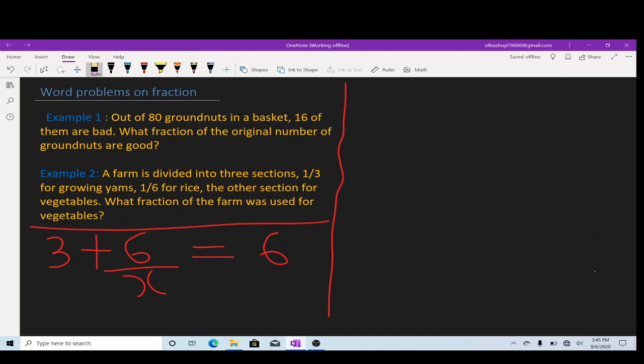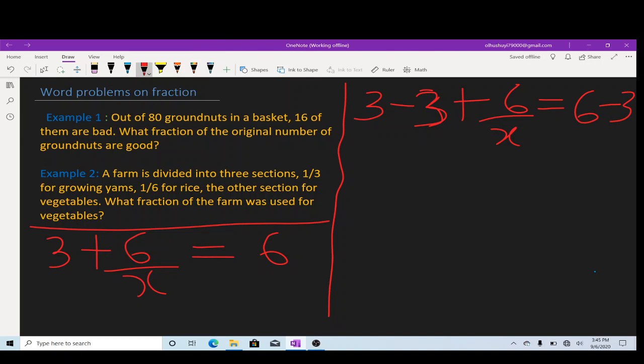When you collect like terms, you get rid of this 3. How do you get rid of this 3? Introduce a minus 3 so that you can get rid of it from the left hand side. Then you have 6 upon x, which can be equal to 6 minus 3.